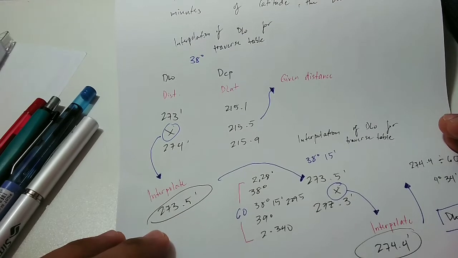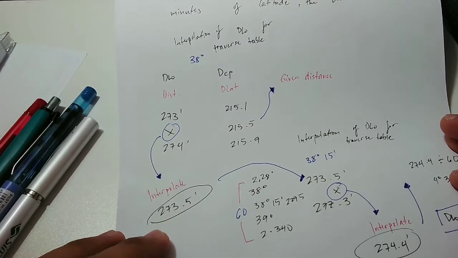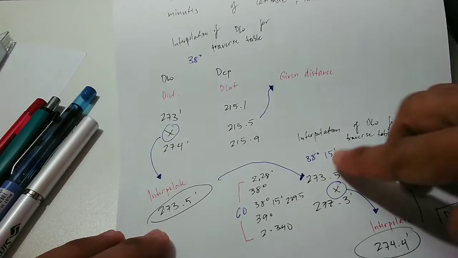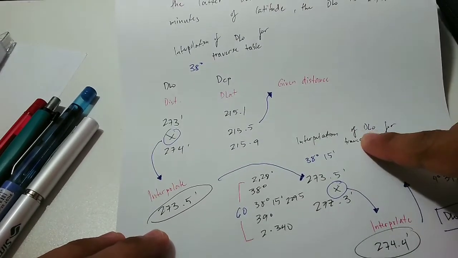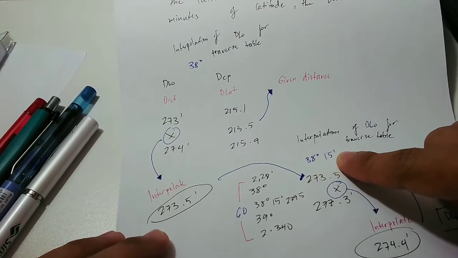We then input this data again, but now we are going to interpolate the D long for 38 degrees 15 minutes.